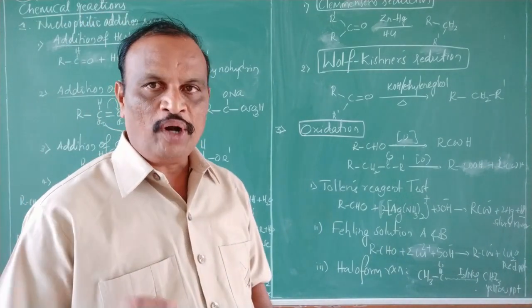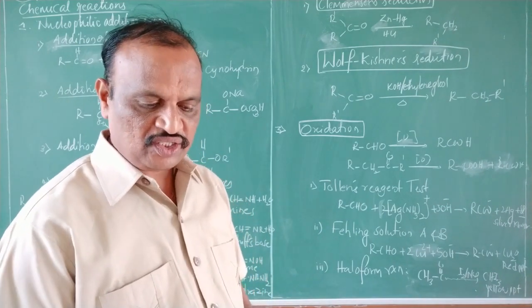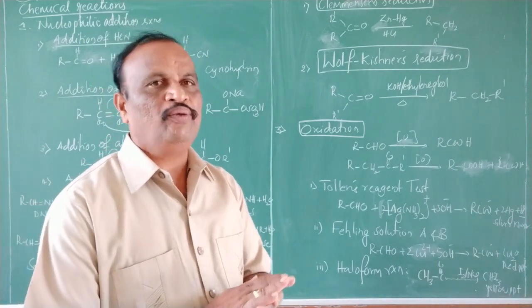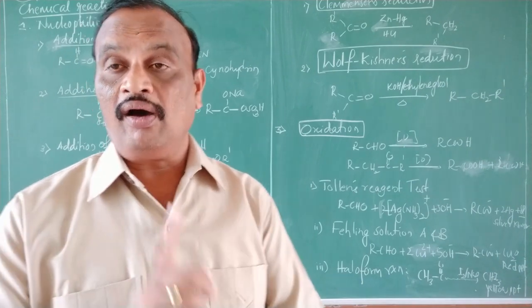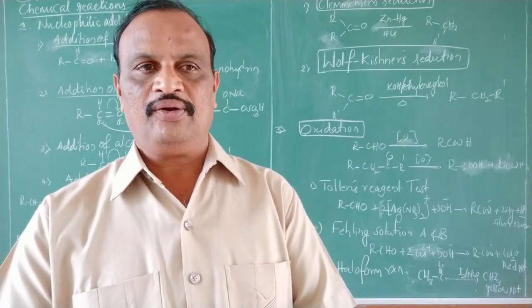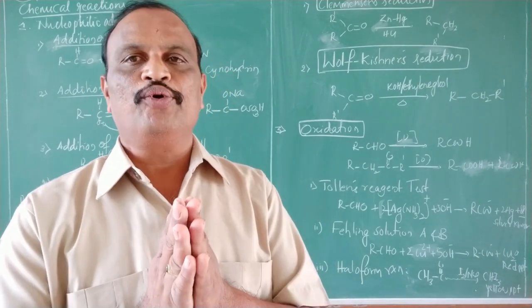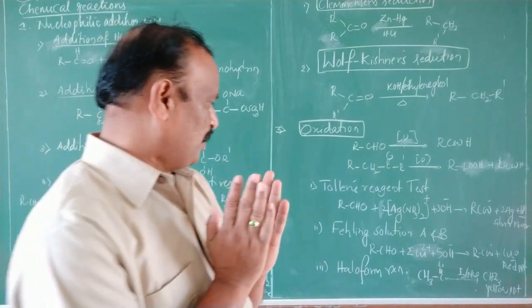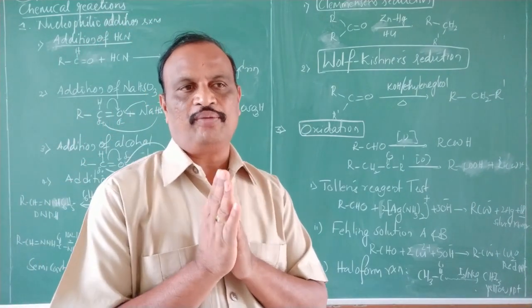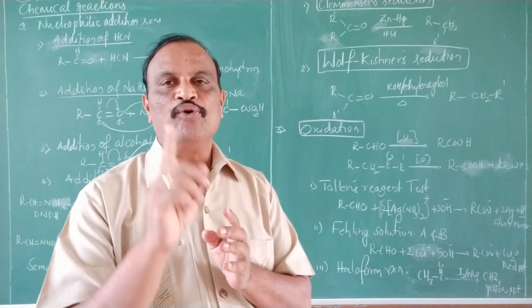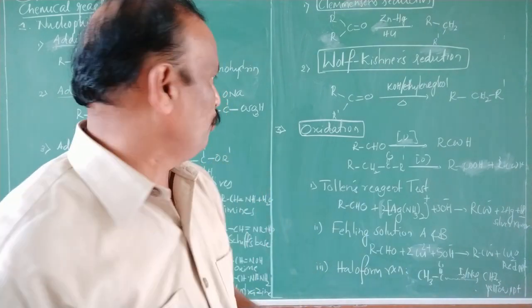One more important oxidation reaction will be given by some aldehydes and ketones, not all. Some set of compounds will give the haloform reaction, the iodoform reaction. These are compounds which contain a methyl ketone group.